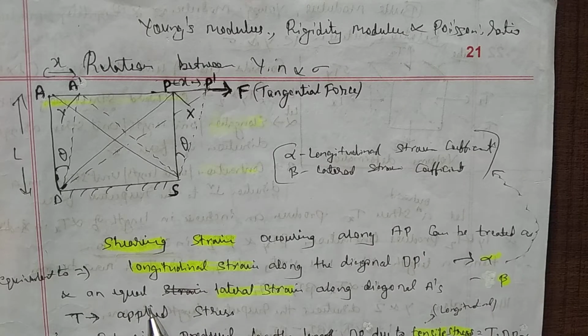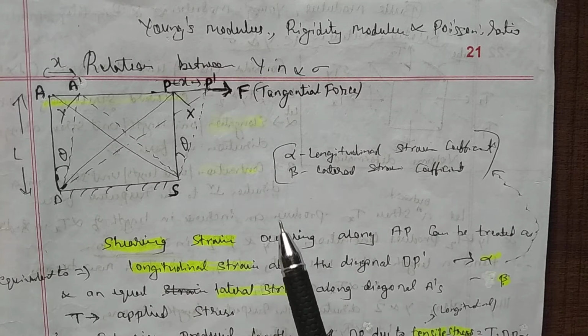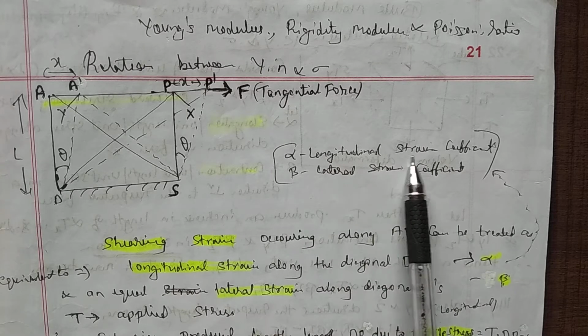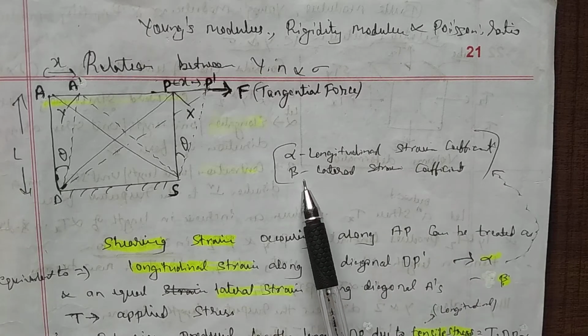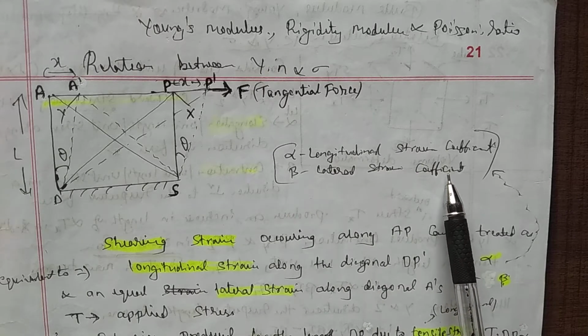Similarly, an equal lateral strain along diagonal A dash S, which we call beta, where alpha is the longitudinal strain coefficient and beta is the lateral strain coefficient.